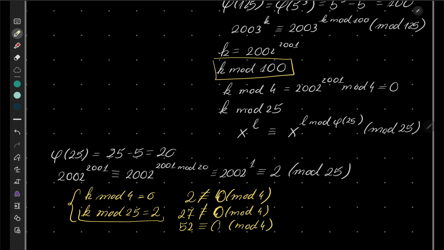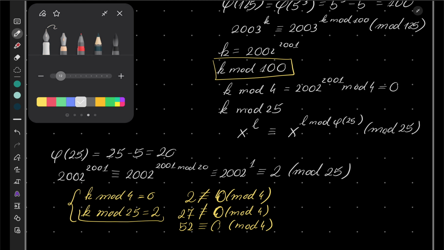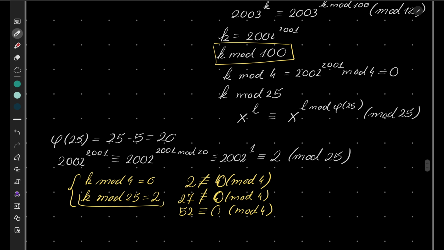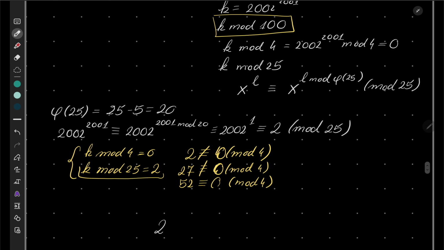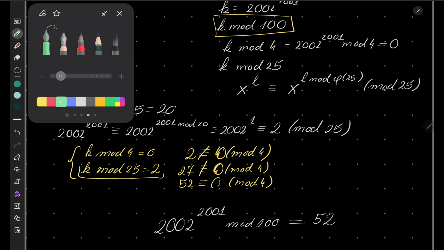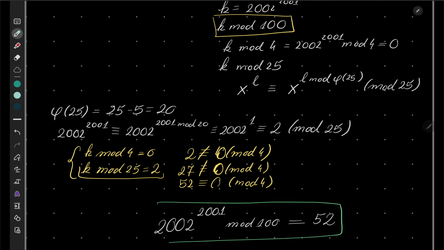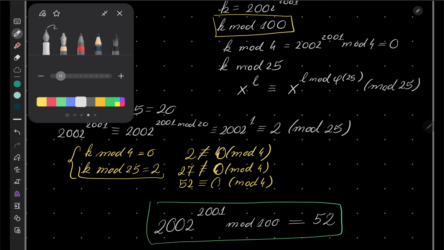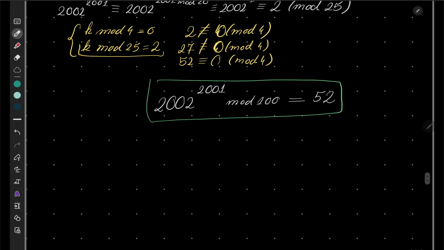So after our reasoning, we've established that 2002 to the power 2001 modulo 100 equals 52. Very well. And what now?